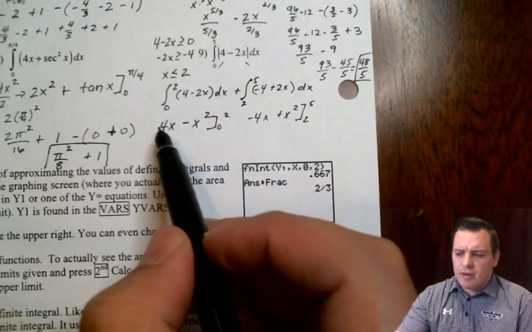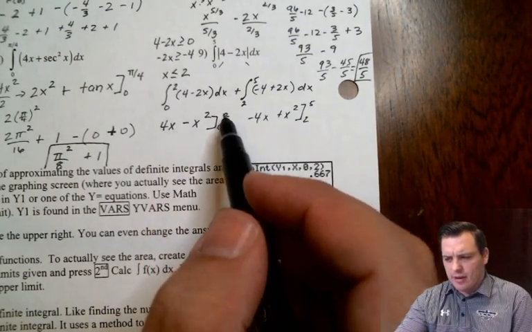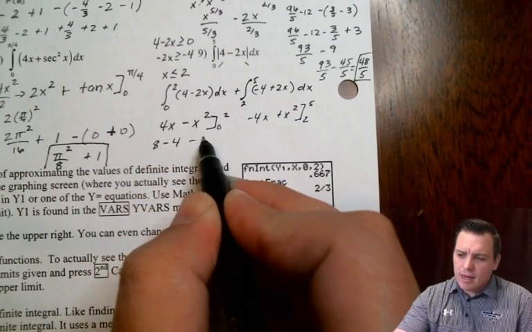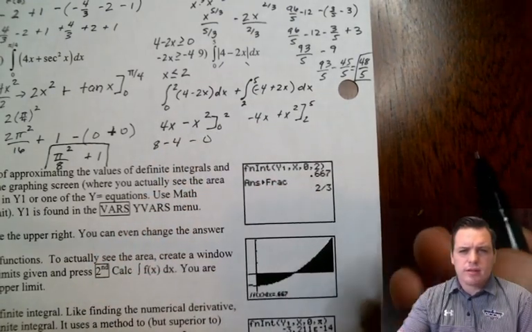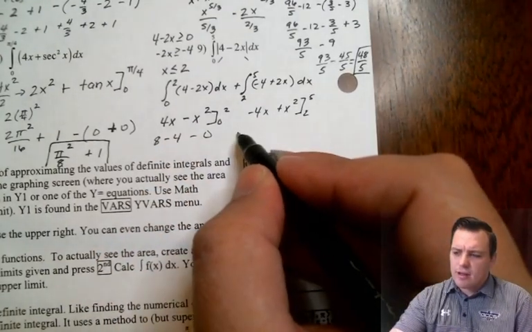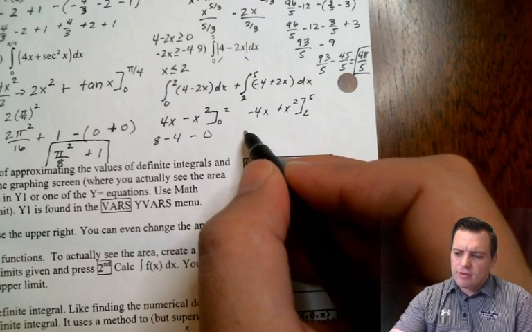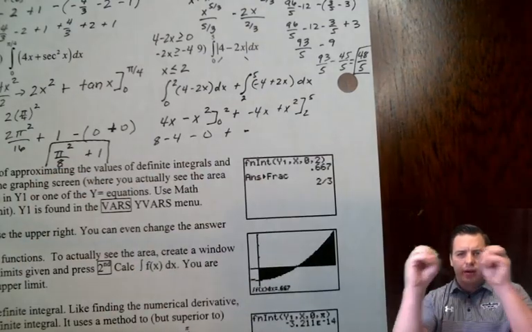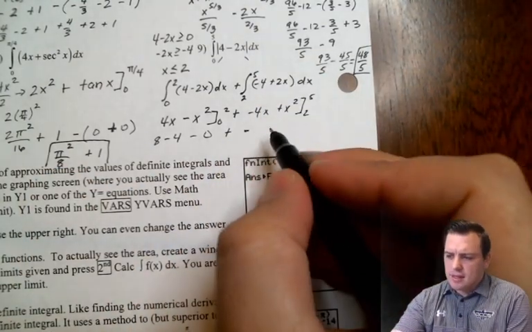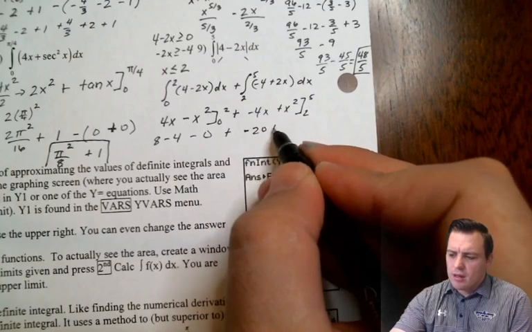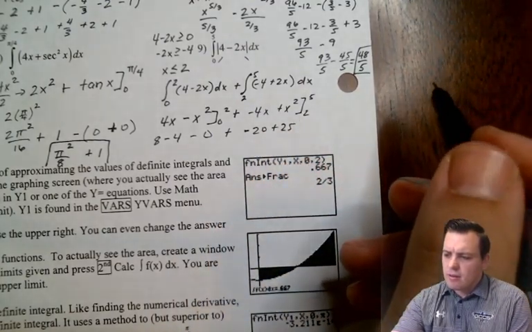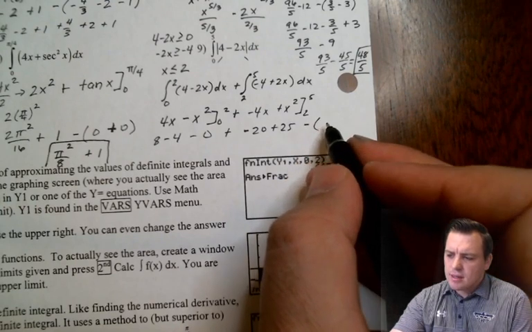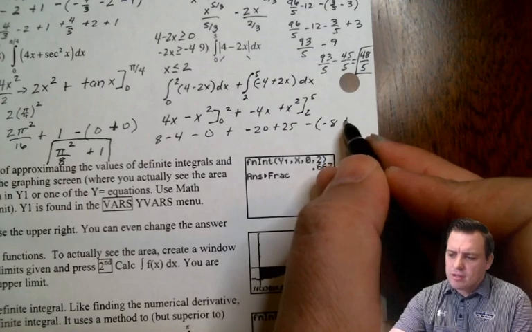So the upper limit, 4x, would be 8 minus 4, 8 minus 4 minus 0. If you plug 0 into both of those, you're going to get 0. Then over here, you'd have negative 20. And keep in mind, we're going to add those two together because we're just combining their areas together. So plus, and then that would be negative 20 plus 25, and then minus negative 8 plus 4.